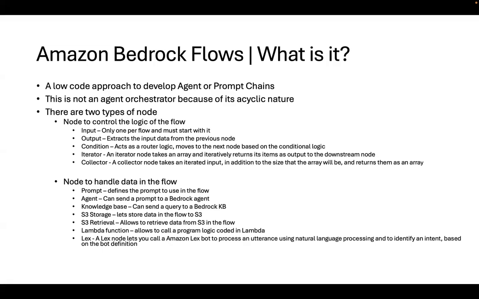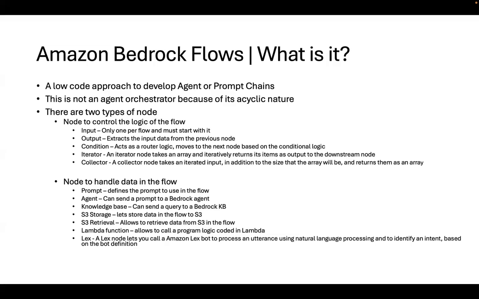Output node: you can have a single or multiple output nodes based on your use case. In the demonstration, we'll see multiple output nodes. Condition nodes: a condition node acts as router logic, and based on the condition in that node, the input can be changed to other nodes in the flow.